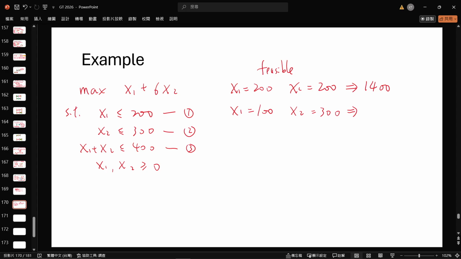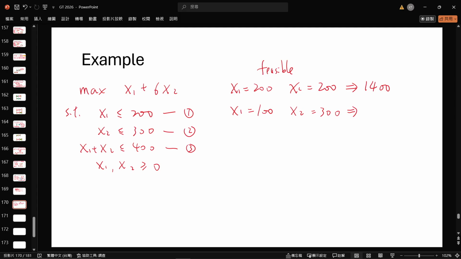So this is also a feasible solution, because x1 is less than 200, x2 is equal to 300, and their sum is equal to 400. So this solution satisfies every constraint. Therefore, it is a feasible solution. So now let's check the objective value.